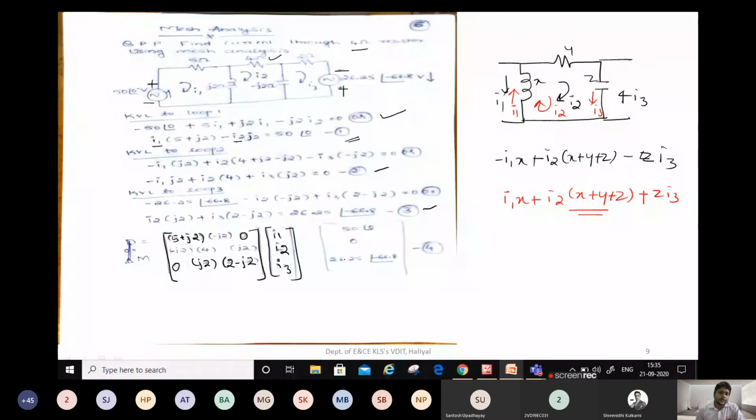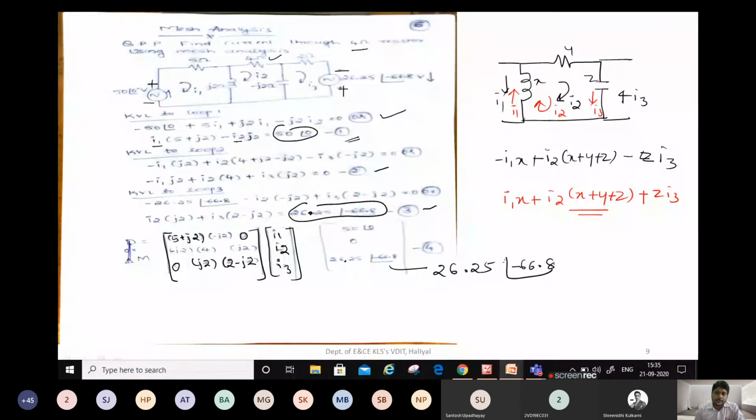With the equivalent constant values, what we have is 50, and in this case it is 26.25 at an angle minus 66.8.